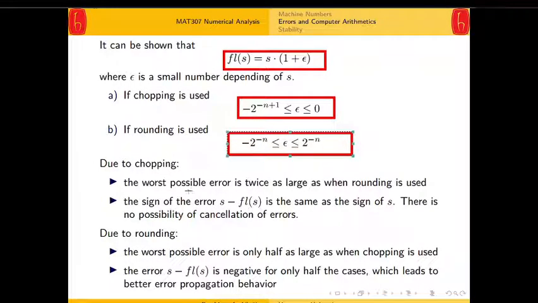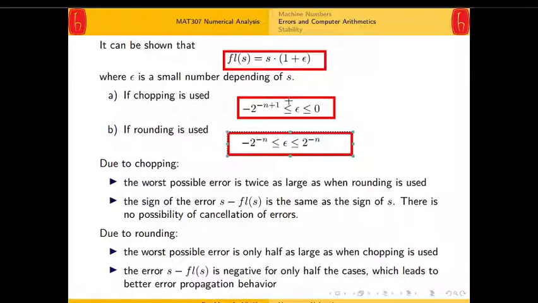This means chopping introduces twice as large an error when compared to rounding the number. In the worst case scenario, of course, the sign of the error in chopping will always be negative, sorry.